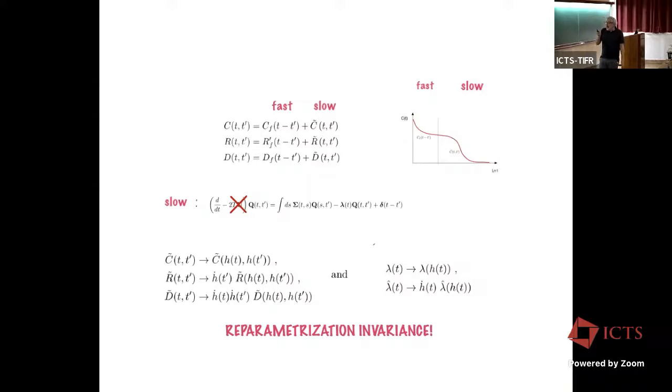And what happens, and this is the miracle that's at the center of this seminar, is that something awful happens. The moment you throw away this term, which is a very good approximation, your system acquires a time reparametrization invariance, meaning that the correlation at those two times, the function h is the function that stretches the time as you wish.